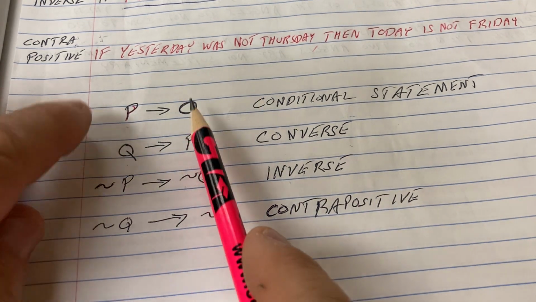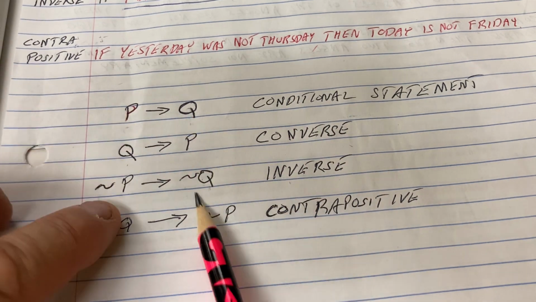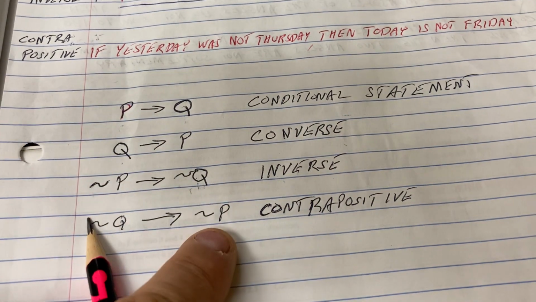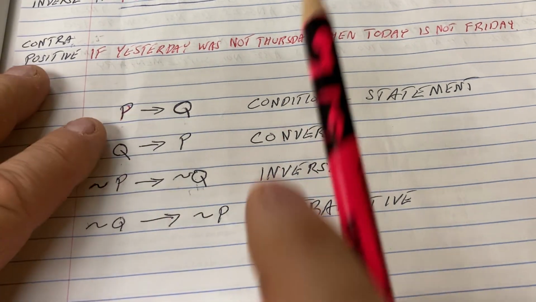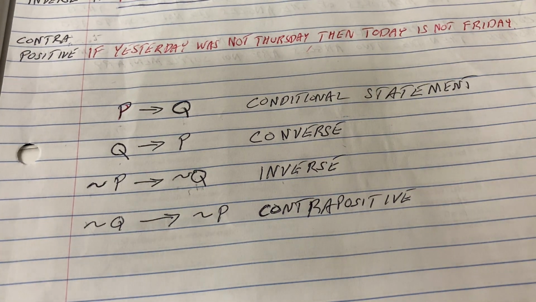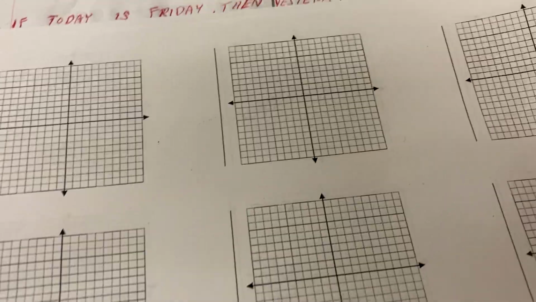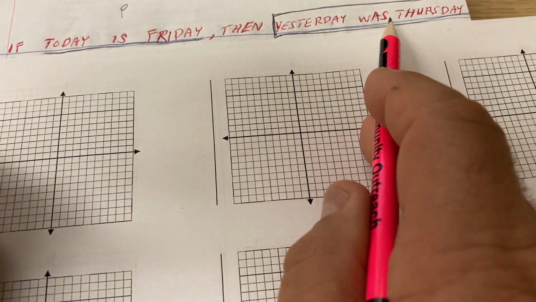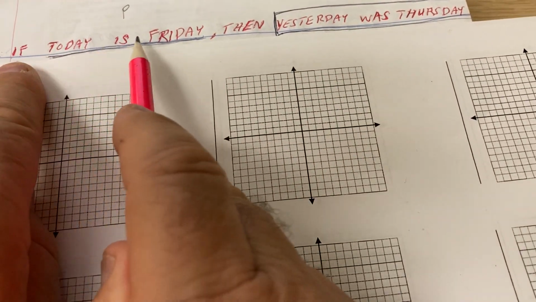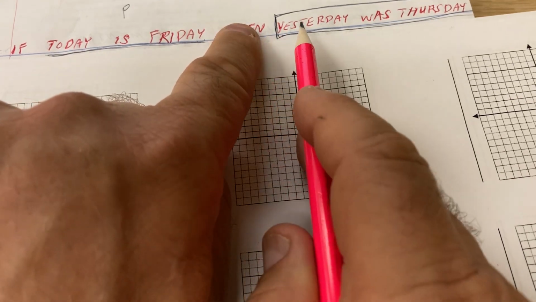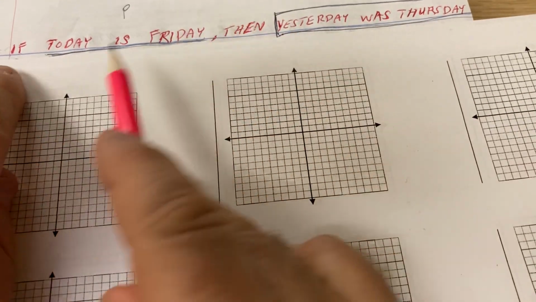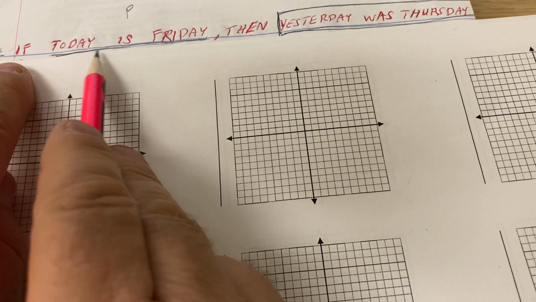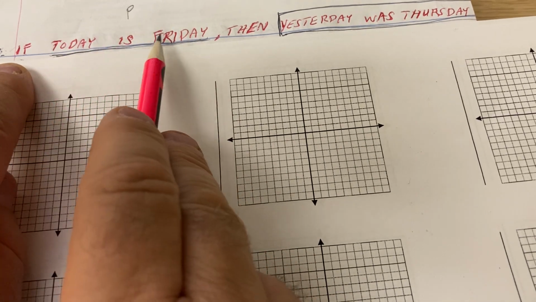The contrapositive means that from the conditional statement, you take the inverse and then you switch the order. Let's do an example. A conditional statement: if today is Friday, then yesterday was Thursday. The stuff after the word if is your hypothesis: today is Friday.